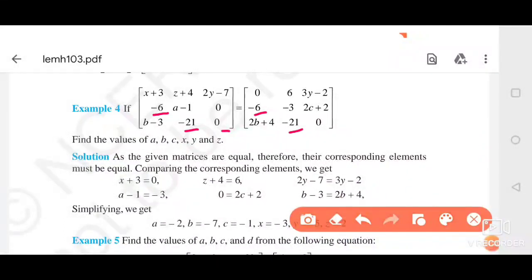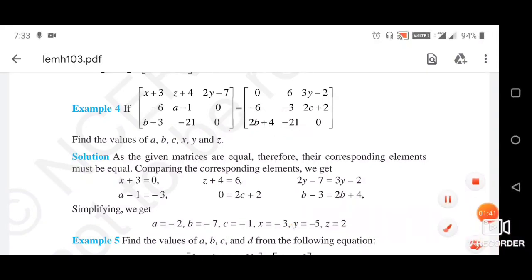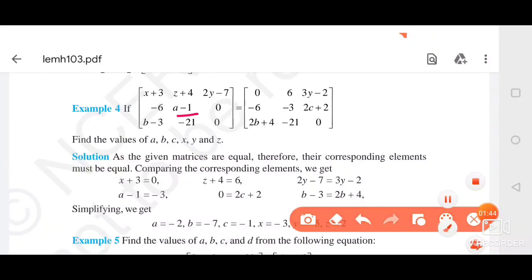These are already equal, so we need not do anything with these numbers, and these are the corresponding elements. So let us move to a minus 1 and minus 3. From here, by equating a minus 1 and minus 3, we can find a is equal to minus 2.